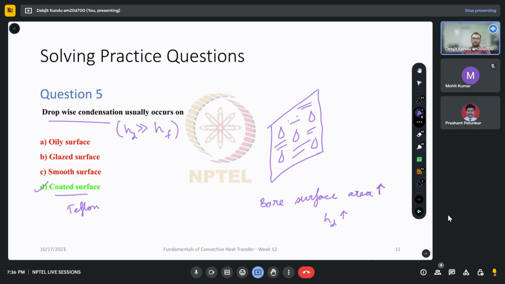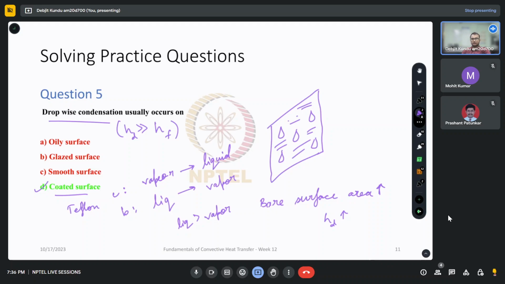So in case of condensation, the vapor becomes liquid, right? So this is for condensation, and for boiling, a liquid turns into a vapor. Now, in general, the heat transfer rate for liquids is higher as compared to a vapor.